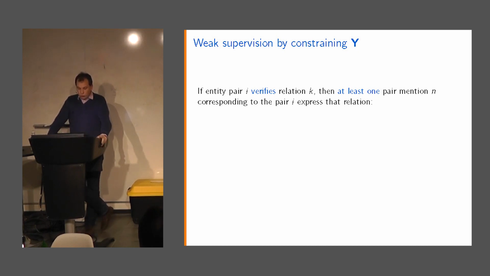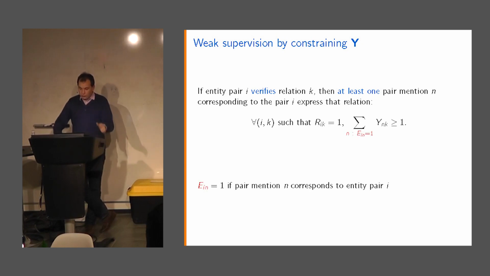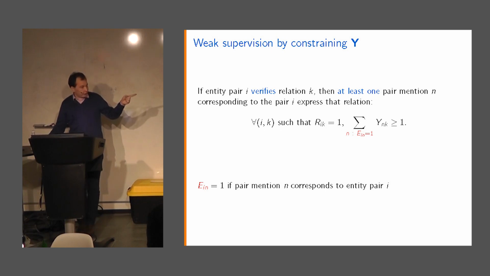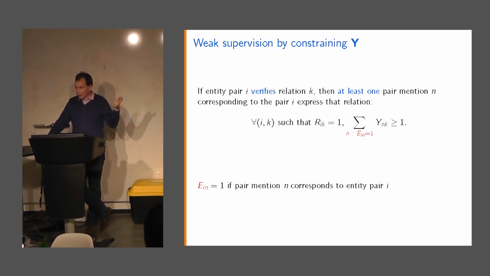The second constraint is the fact that if, again according to the knowledge base, an entity pair i verifies a relation k, then we suppose that we have at least one sentence in our data set that will express that fact. What does that mean? I remind you that E_in is equal to 1 if the sentence n corresponds to the entity pair i.